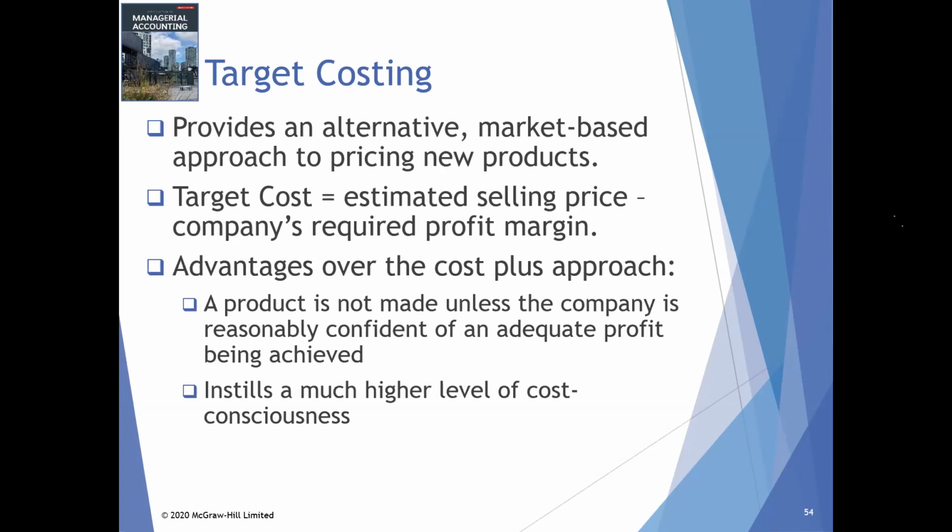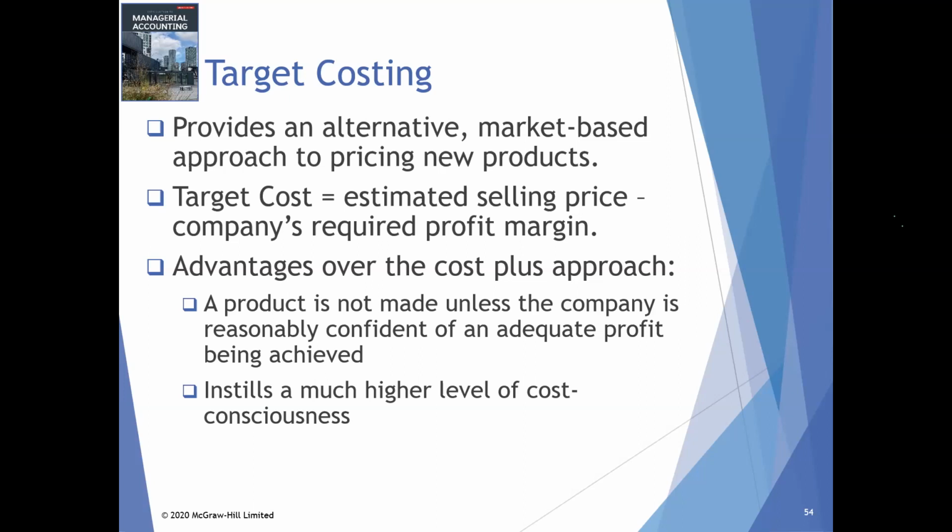Advantage: this is an advantage over the cost-plus approach. A product is not made unless the company is reasonably confident of an adequate profit being achieved. It means normally the company is not going to go for manufacturing a new product unless the company has full confidence that there will be some adequate and proper profit that can be achieved by making and selling the product.